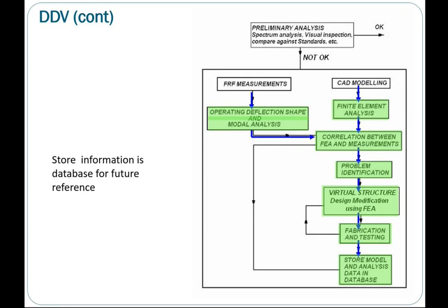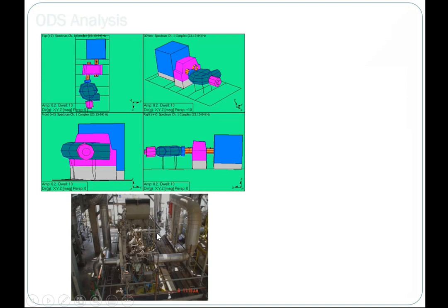Then you have to make feasible, applicable modifications in the virtual domain, in your CAD model itself. Once you are satisfied with your virtual modifications, you can fabricate, install and test it. All right, so that is the entire DDVS.